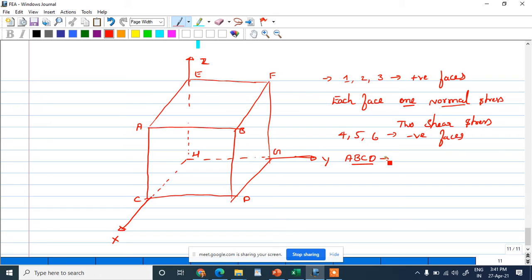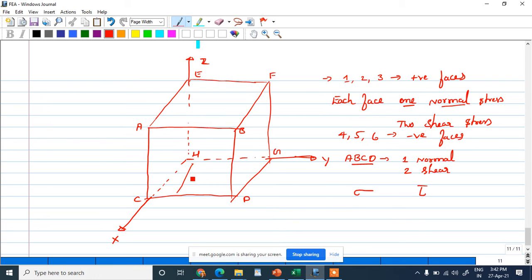In this particular face we have 1 normal stress and 2 shear stresses. How to represent them? Usually stress is denoted by sigma and shear stress is denoted by tau. We have 1 normal stress, which acts normal to the face. I will mark it here at the center.